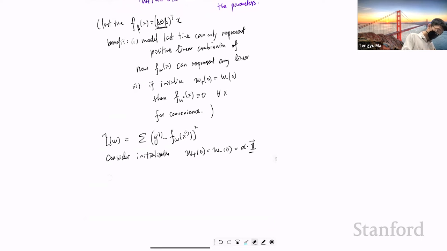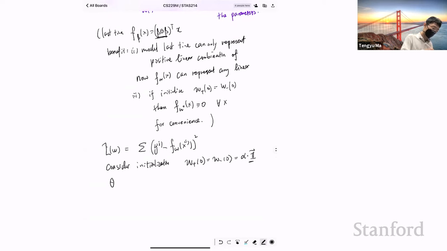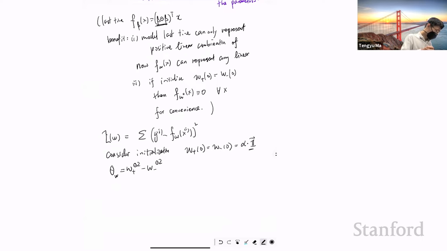We can also have this theta space. Suppose theta corresponds to W. Let's say theta of W is defined to be W plus to the power 2 minus W minus to the power 2. This is the actual linear function you compute, the linear function of W. We are interested in what kind of linear model we are learning eventually.